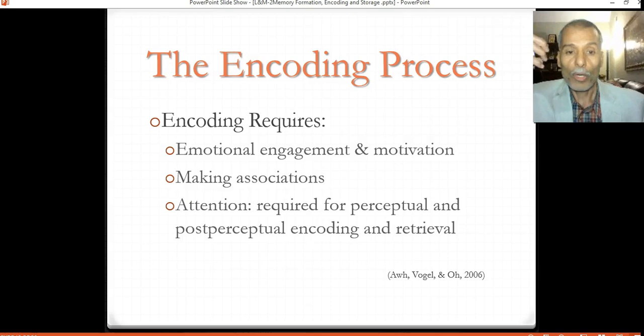And after you perceive the information, you also want to break it down, interpret it, make sense of it, elaborate on that information, do more in-depth analysis of it. That is post-perceptual encoding. And then retrieval. You also need attention in order to retrieve information. Retrieval implies intention. You retrieve something on demand.